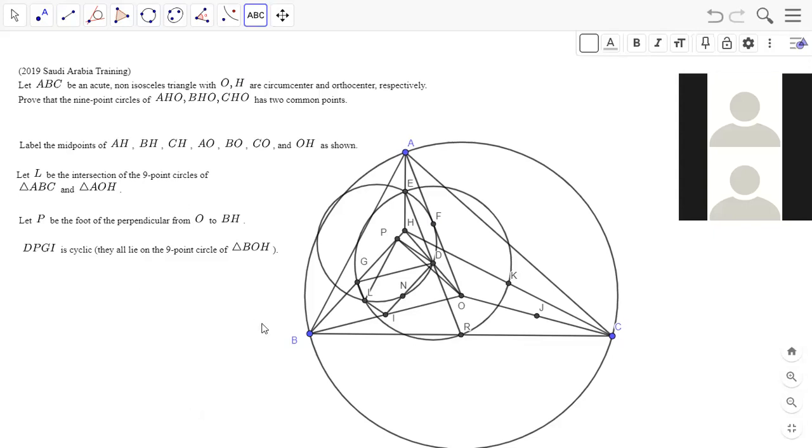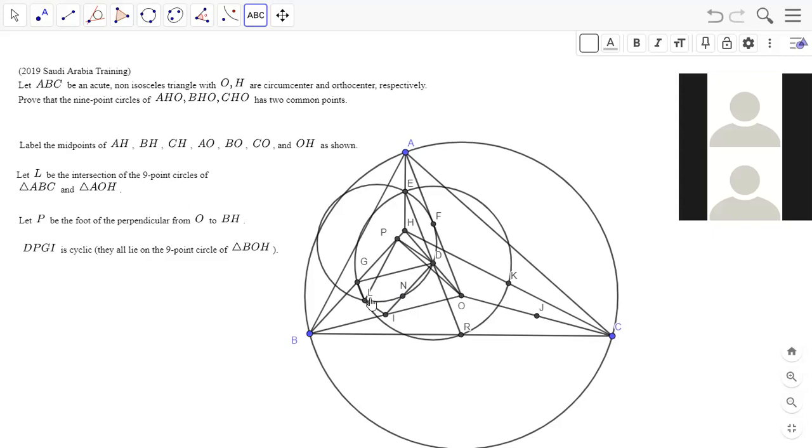Wait, I think he proved that LNI is equal to LKR. But how do we prove that LKR is equal to DNK? Oh, I made a mistake. Because LNK is collinear, so DNK cannot be equal to LKR yet, because they are not collinear. Sorry.